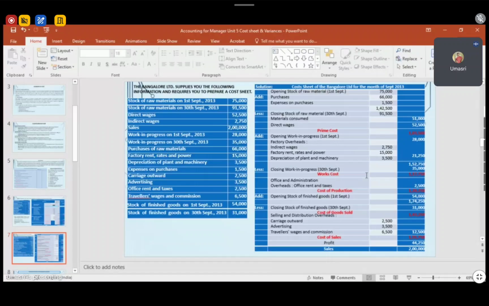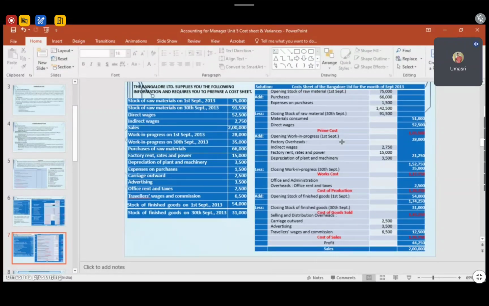While doing works cost, the opening work in progress you have to add, and closing work in progress you have to deduct along with the factory overheads. Do you understand?